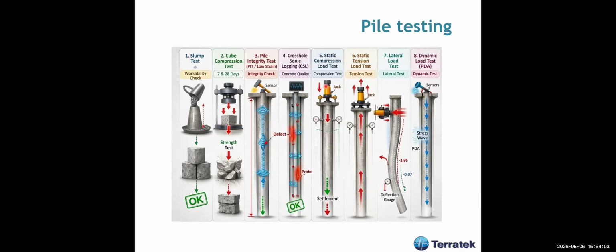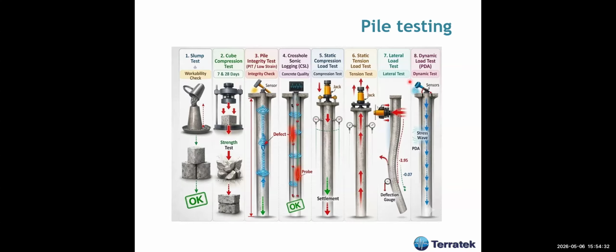And why? Because when we start the tests, we may have friction on the jack piston, and this leads to errors up to 30% of the load. So I never accept that loads are measured with the hydraulic jack, although there are some standards that may accept that. I don't accept it at all.